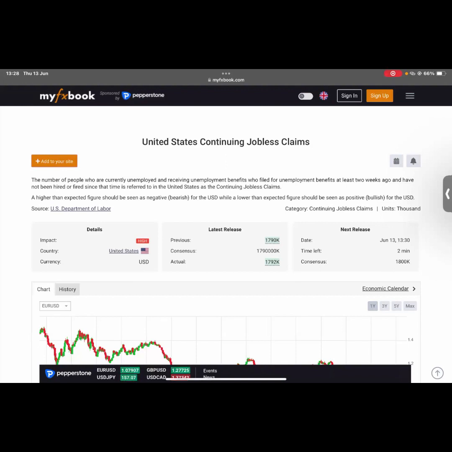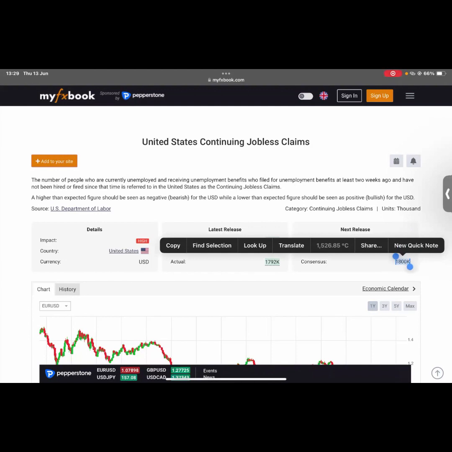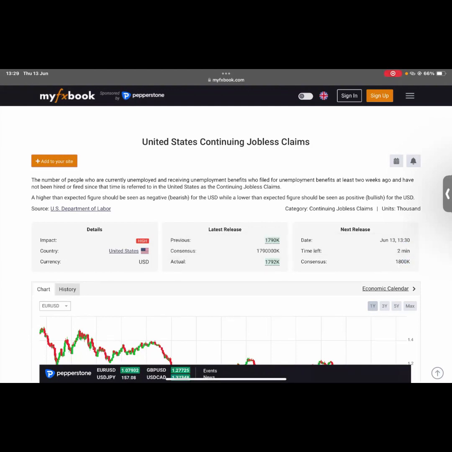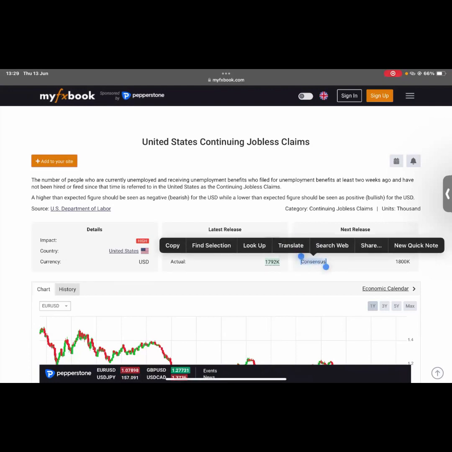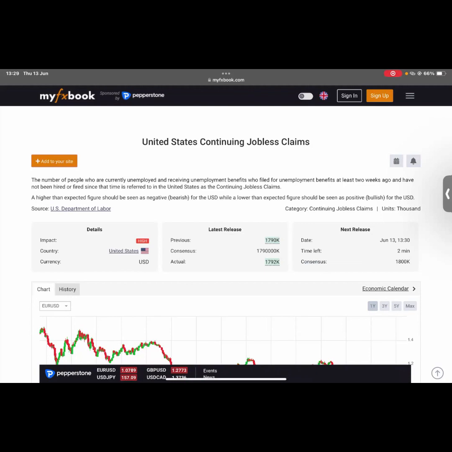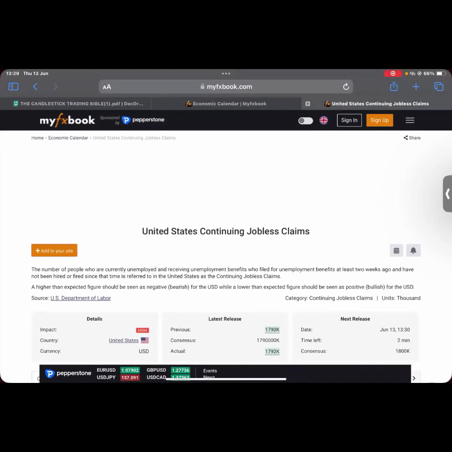But it's still a probability because the figure might not come out the same. But because the analysis is looking right and everything is looking cool, I just said okay, let's risk it. That is just how news works.